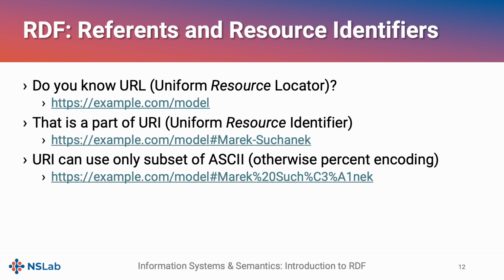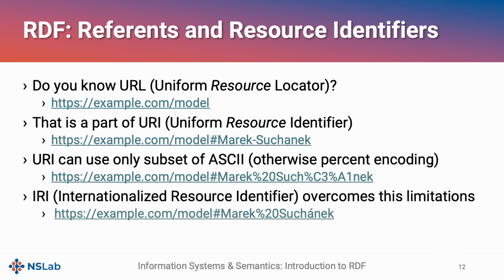So Suchanek has an accent over the a, and you can see that this leads to some % encoding in this form. Therefore, in RDF it is recommended to use these internationalized resource identifiers that can use these extended characters from Unicode. You can see that still some special characters like spaces need to be percent encoded.